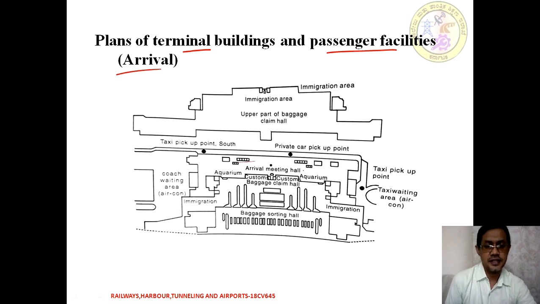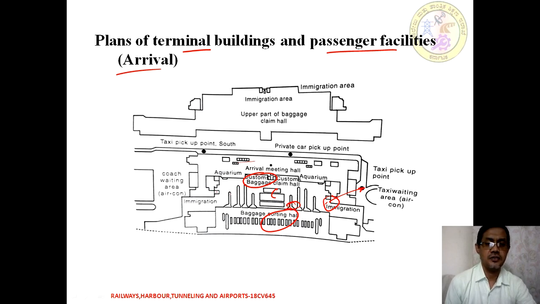In this arrival, first we have a baggage sorting hall. After the baggage sorting hall, we have a claim and immigration check. After that, we directly provide a taxiway or aircon for the pickup point. Suppose you need to go for customs, so there is customs baggage check.